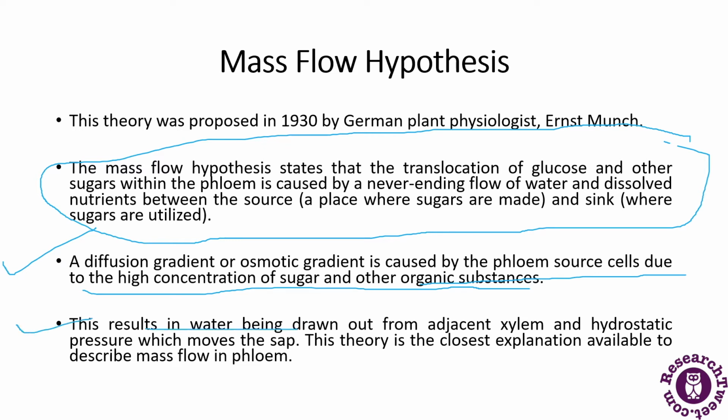This results in water being drawn out from the adjacent xylem, and there is a hydrostatic pressure which moves the sap. So this theory is the closest explanation available to describe the mass flow in the phloem. So we are mainly focusing on the translocation process in the phloem, or the mass flow in the phloem.